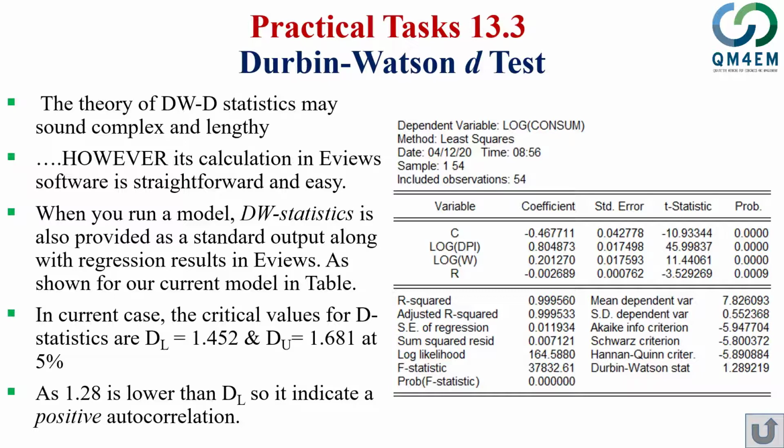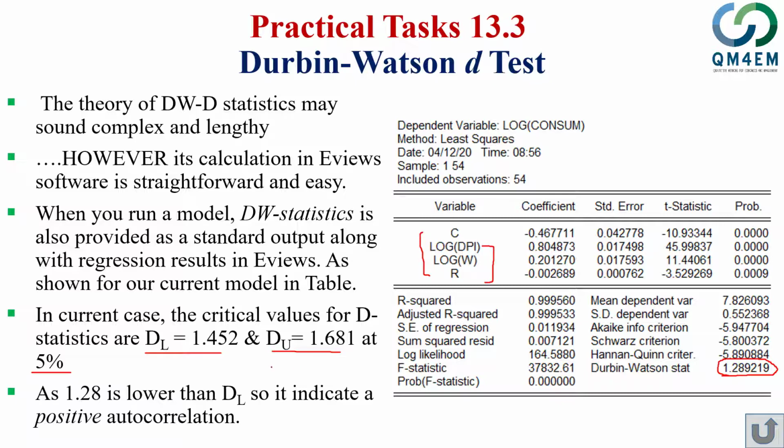If we go to the D table and look into it, the upper and lower bounds of D are 1.681 and 1.452 at 5% for the four estimated parameters, or 3 explanatory variables.